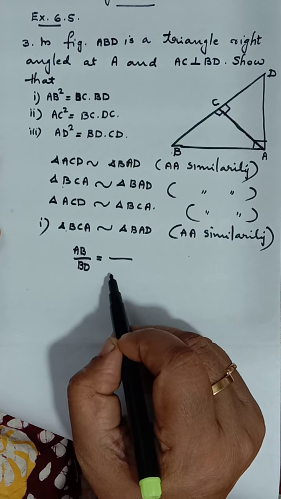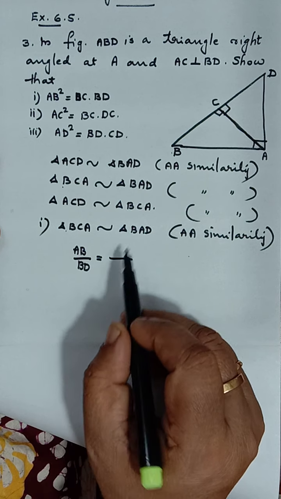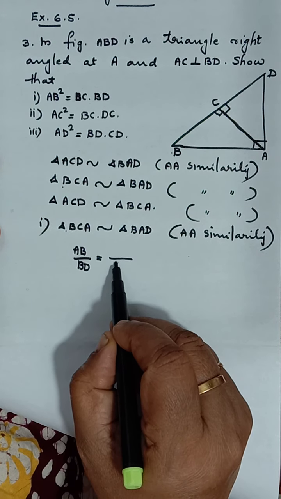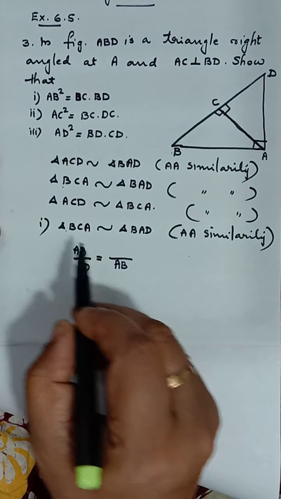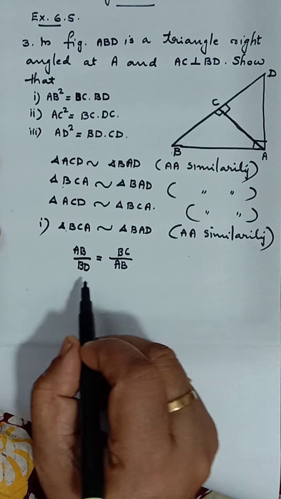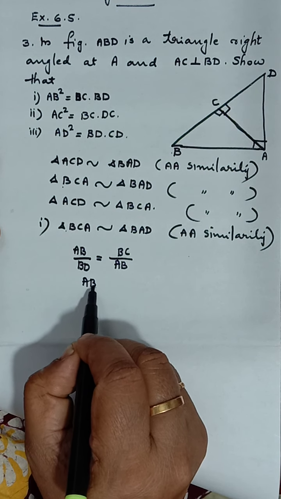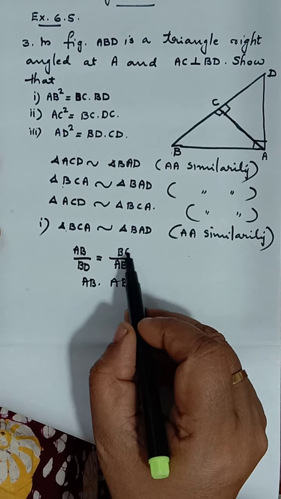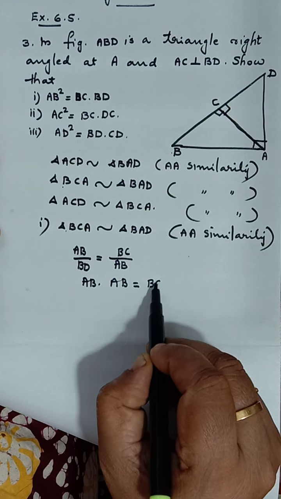Then only will we be able to cross multiply and get AB square. So it will be BC. Now let us cross multiply. So AB into AB is equal to BC into BD.